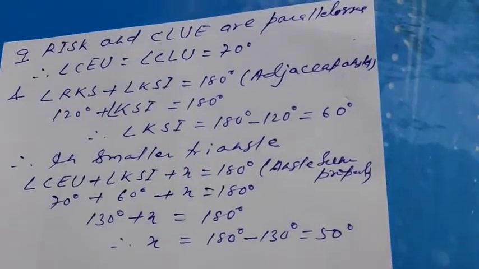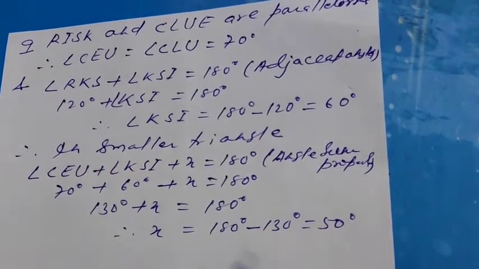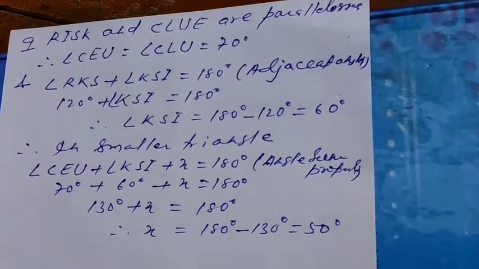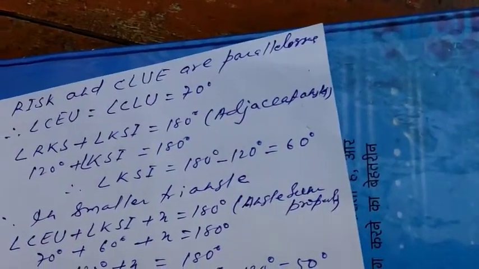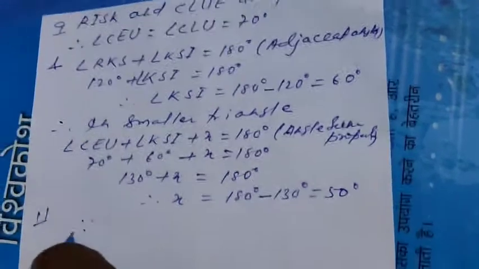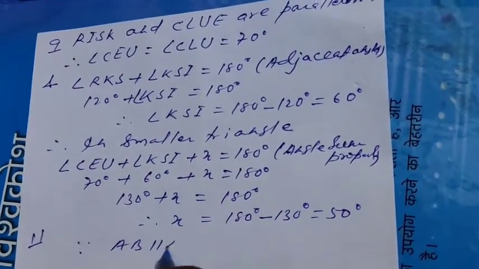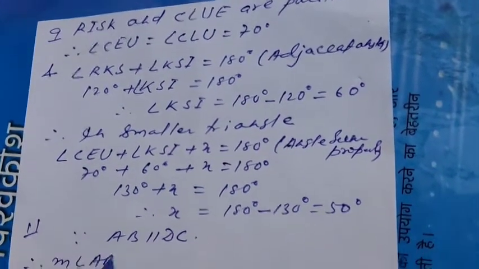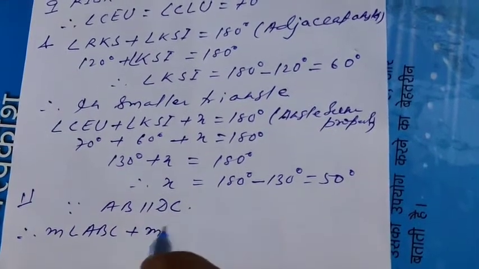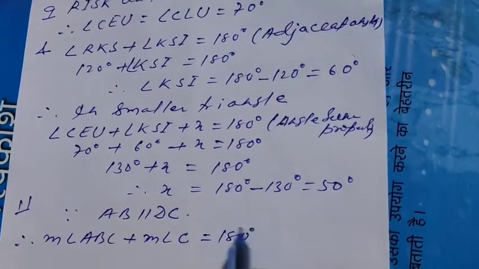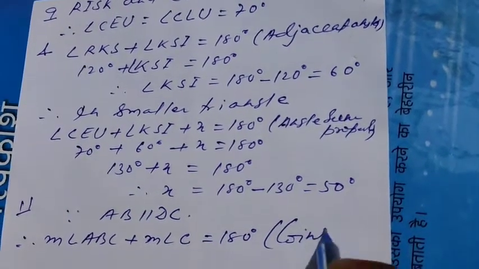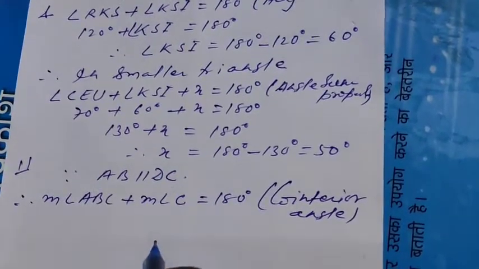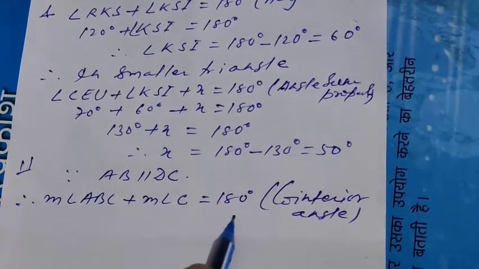Now come to question number 11. In the question you have to find the measure of angle C if AB parallel DC. Since AB parallel DC, therefore measure of angle ABC plus measure of angle C is equal to 180 degree, since both angles are co-interior angles, and we know that the sum of co-interior angles is 180 degree.